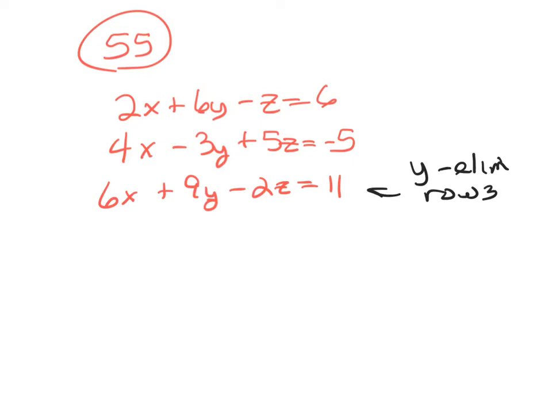So I need to add 1 plus 3 and 2 plus 3. However, actually I'm going to do row 2 as the pivot. That'll be easier.